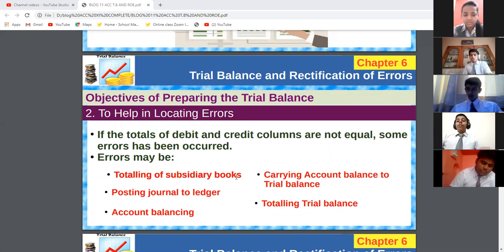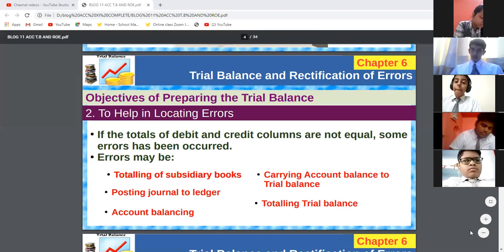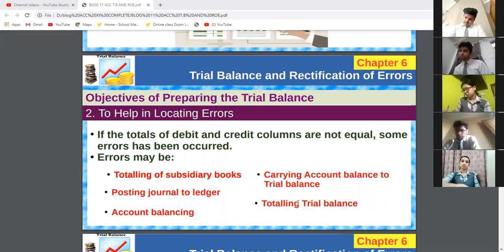See, total of subsidiary books may be wrong. Posting may be wrong. These are the errors that may be there in your accounts. That's why your total will not be matched. So trial balance is helpful for us to locate the errors. We can find out the errors with the preparation of trial balance.